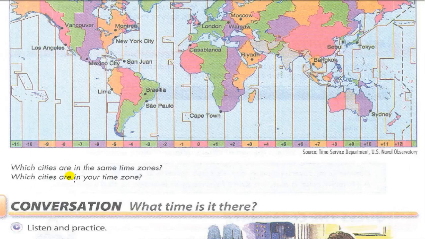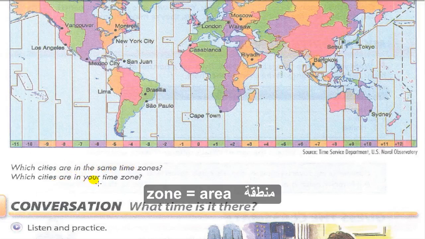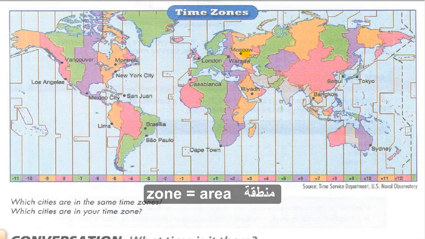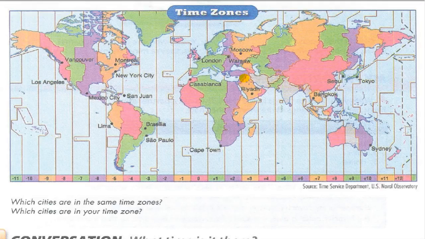Which cities are in the same time zones? Which cities are in your time zone? I live in Egypt. I live in Cairo. Riyadh is in the same time zone.